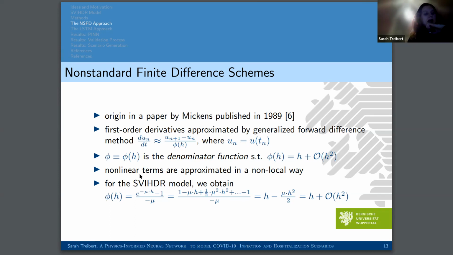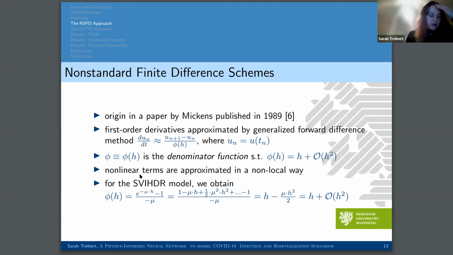1989. A numerical scheme for first order differential equations is called an NSFD if the first order derivatives are approximated by generalized forward difference methods, where phi of h is the denominator function, which has to be determined for this NSFD scheme.